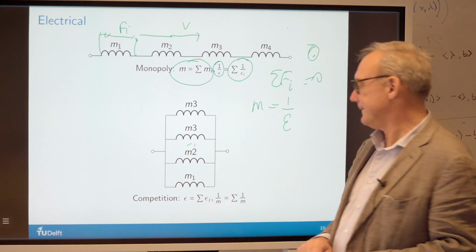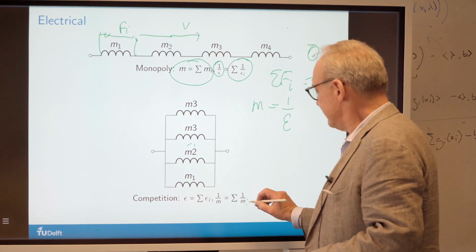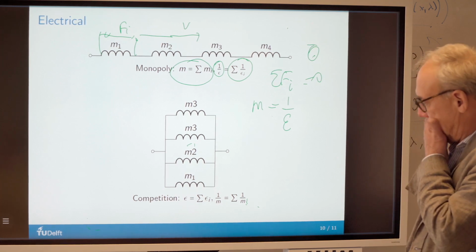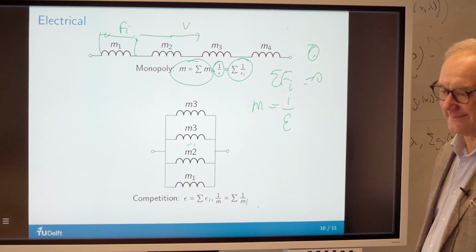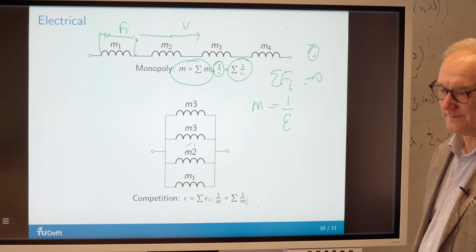Then you have the masses or the inductors in parallel in the electrical case. But then we say they also do this for resistors, for example. Then they calculate some sort of net resistance, so 1 over R total or 1 over R_p, and they use the same trick.